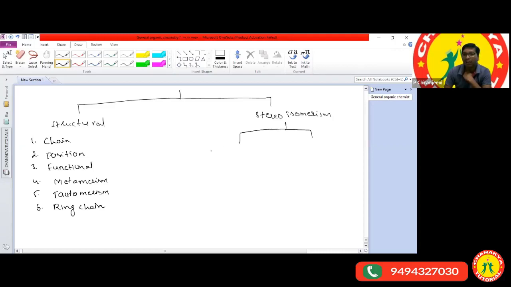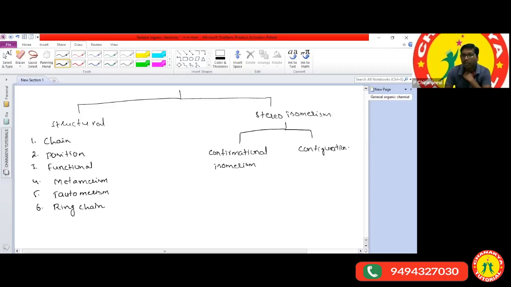One is conformational isomerism, and the second is configurational isomerism.